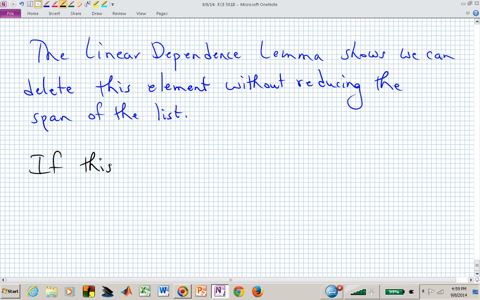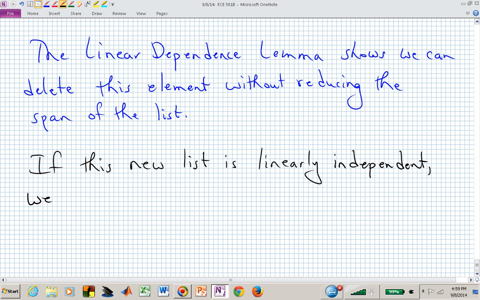If this new list is now linearly independent, what have we created by throwing away one of the vectors?